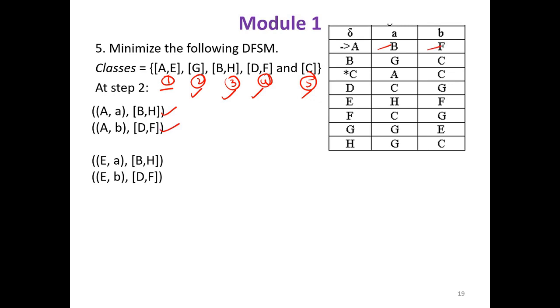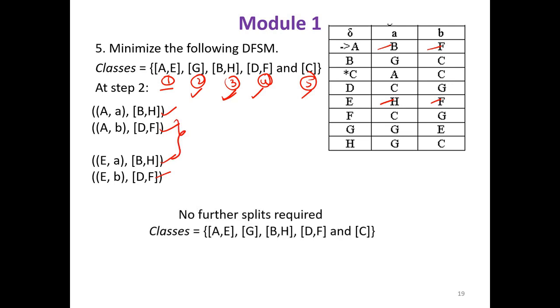Similarly, EA goes to H, H is in BH, and EB goes to F, F is in DF. So you can see both share the same pattern, so no need to split the classes. So by now, no further split is required, and the classes finally obtained are AE, G, BH, DF, and C.